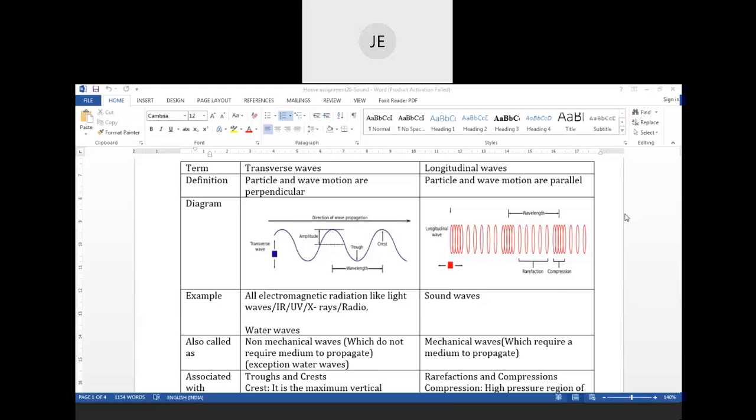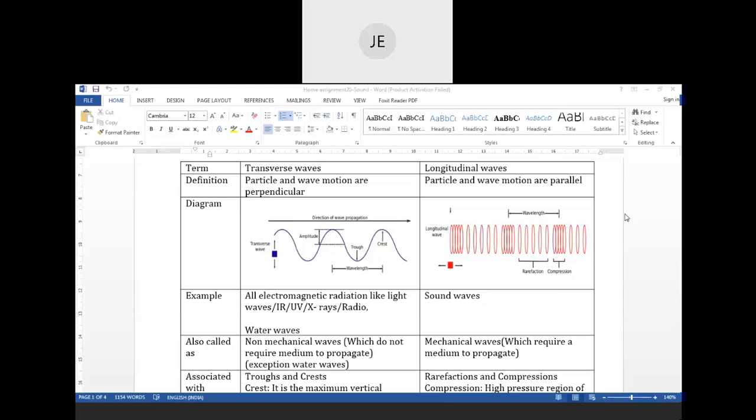The red one, the particle, is oscillating or vibrating left and right, and the wave is also moving in the right direction. That kind of wave is called a longitudinal wave.